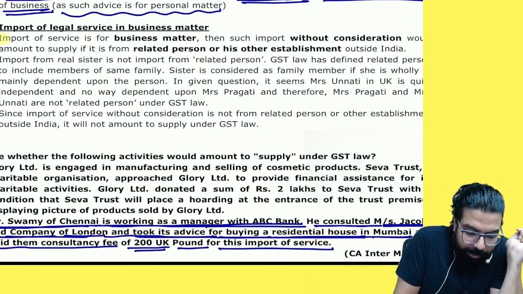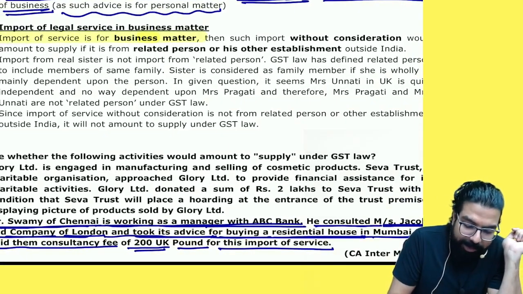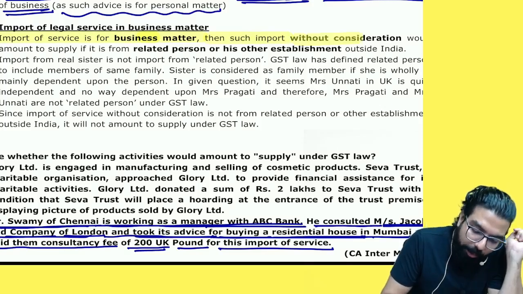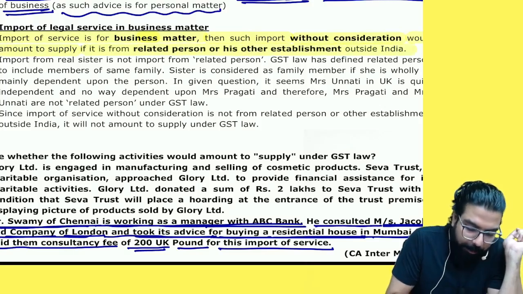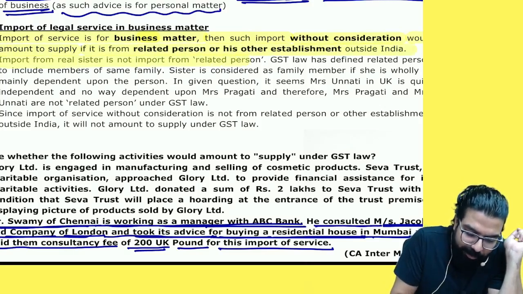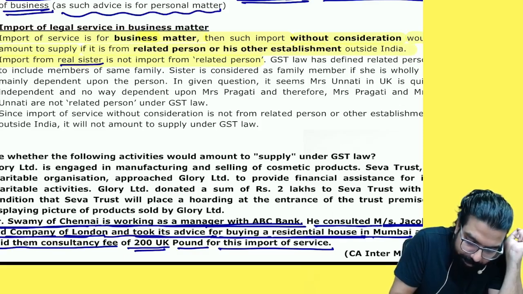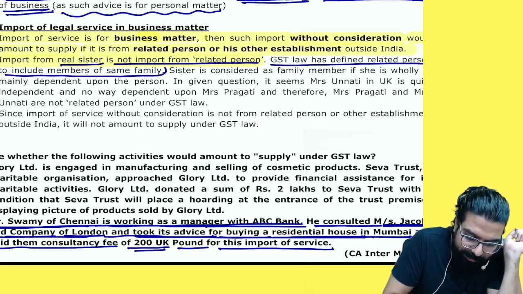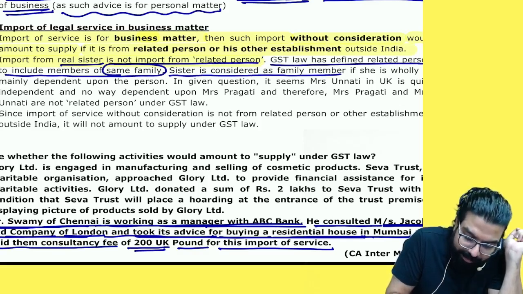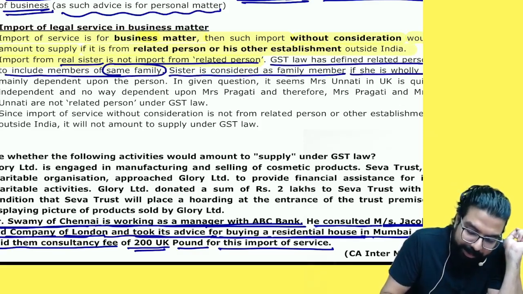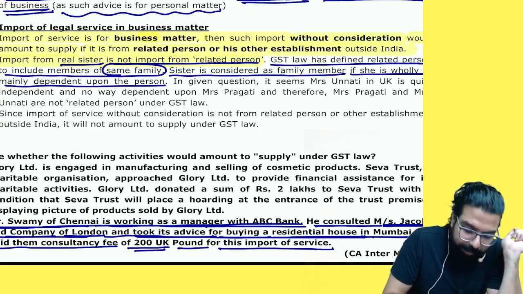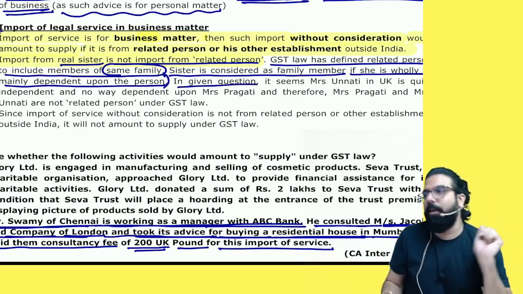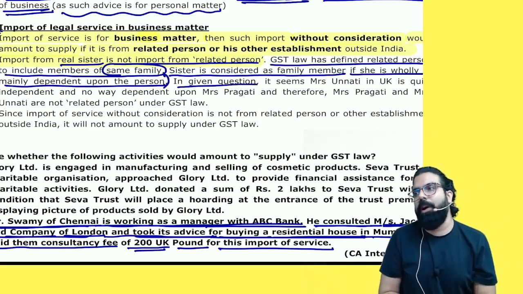See, importation of service for business, then import without consideration would amount to supply if it is from a related person. Import from a real sister is not import from a related person. GST law defines related person to include member of the same family. Sister is considered as family member if she is dependent on the person.